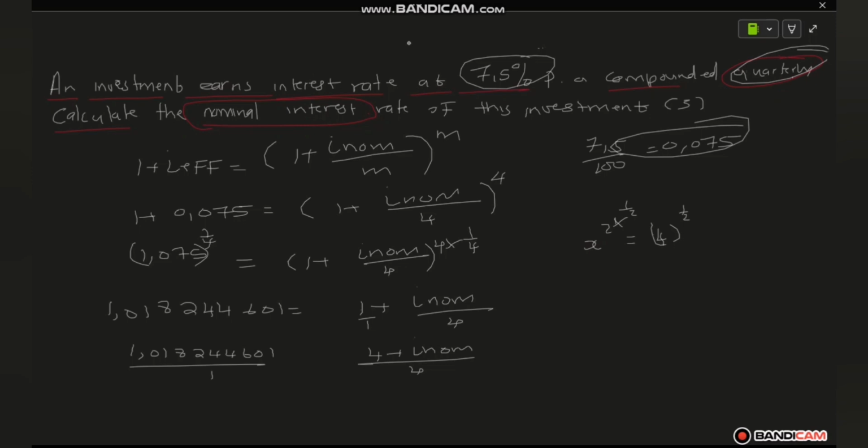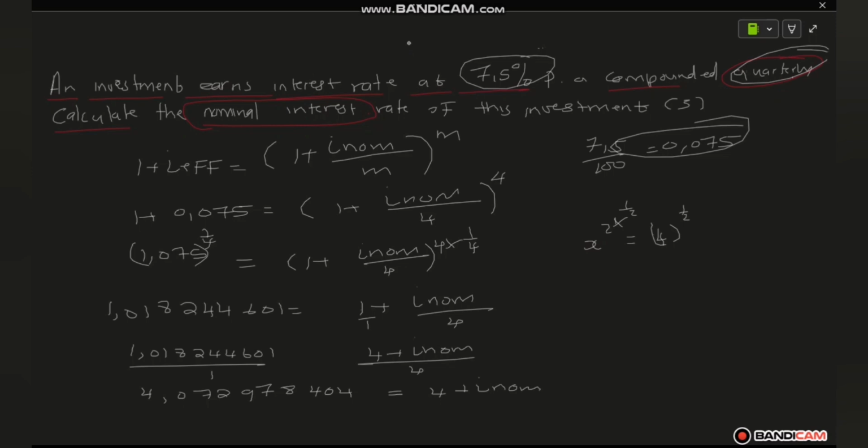Then we must actually cross multiply even here: 4 times the 1, the decimals right here, is going to be 4.0729 equal to 4 plus I nominal.